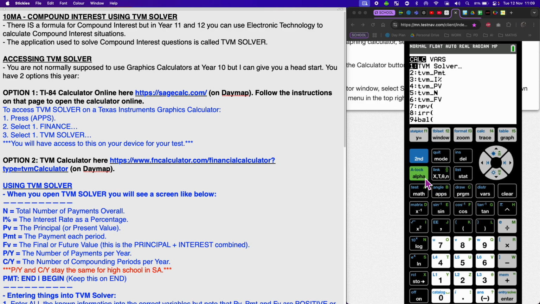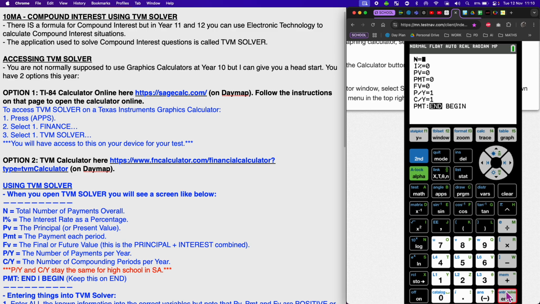As soon as it says compound interest, you're not using that crazy formula I gave you, you are using this. It's going to be hard going to start off with, but it's like all new apps. When you use a new app on a device, you have to get used to it a little bit. But when you get used to it, it should make your test coming up trivial because it handles it for you. So can you press enter on TVM Solver?